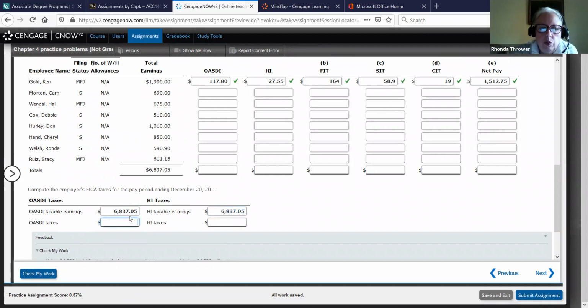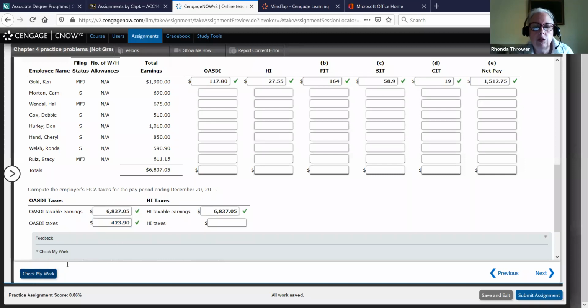And then what we would do is we would multiply the total earnings, 6837.05, times 6.2%. And that will give us an amount of $423.90, rounded. And I would check my work just to make sure that's right.